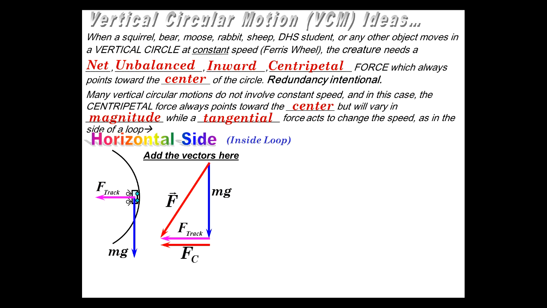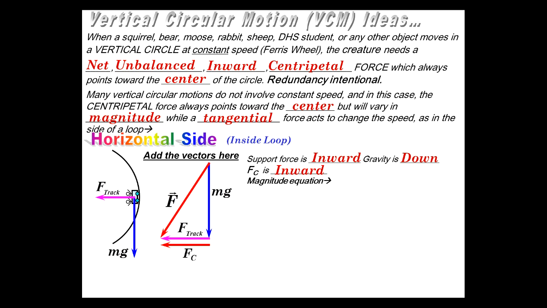So there it is. The part that we're really interested in here is the centripetal force, which is all provided by the track. Gravity does nothing to provide that because it's acting perpendicular. So what I'm going to call the support force is inward. Gravity is down, and Fc is inward as well.